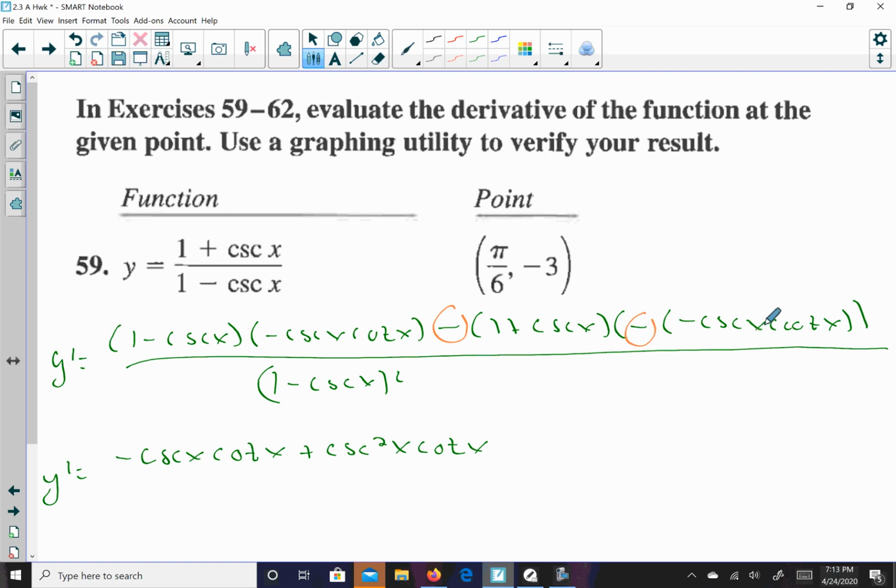So then when I distribute this, the negative times the 1 will be a negative cosecant x cotangent x, and then the cosecant times this negative will be a negative cosecant squared x cotangent x. And this is all over 1 minus cosecant x, that whole quantity squared.